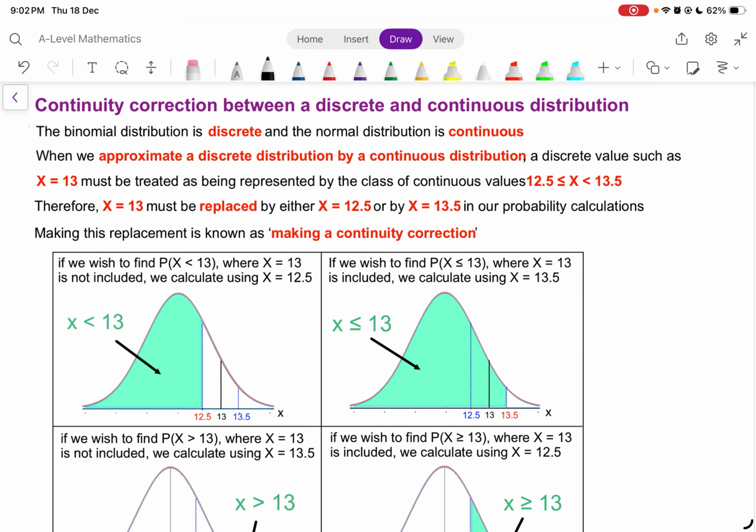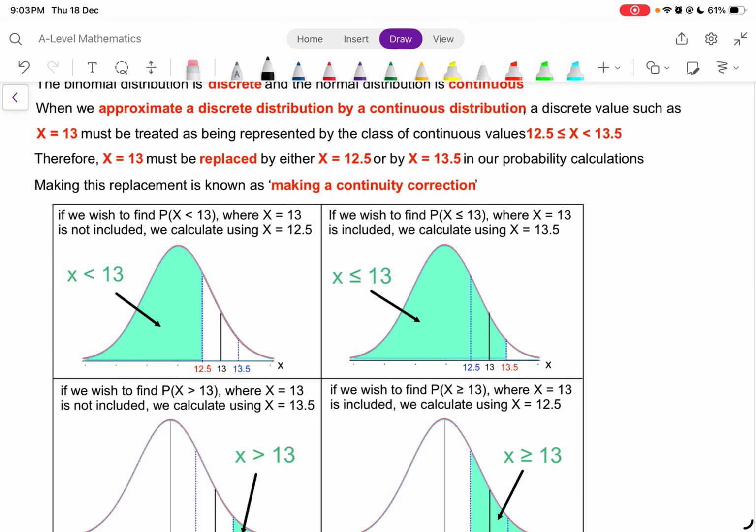The binomial distribution is discrete and normal distribution is continuous. 所以这里就是另外一个问题了，它们两个是不同的情况。But when we approximately do that, a discrete value such that x equals to 12, it must treat it as a continuous. 很像我们之前每次讲的 how can we do it from 我们的 non-frequency to frequency 这个样子 extend to continuous. 所以这个就是为什么是 12.5, also between 12.5 and 13.5 for x equals to 13. 所以也就讲着 we must replace either in both of them.